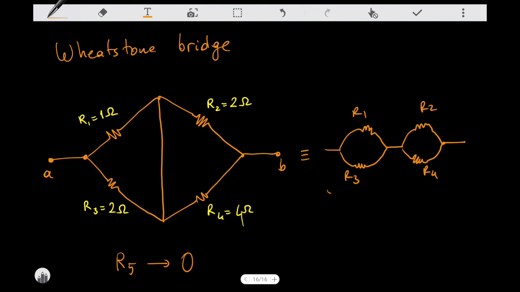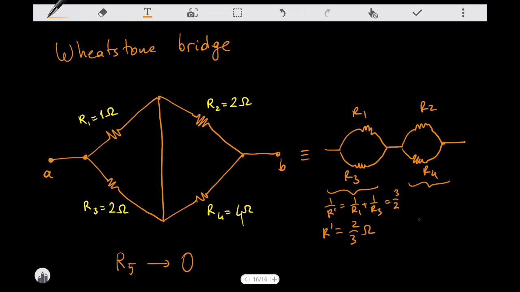For this part I need to use some calculation in here. I need to compute the sum of the reciprocals. So I have 1/1 plus 1/2. That's going to give me 3/2. So this part has a resistance of 2/3 ohms.